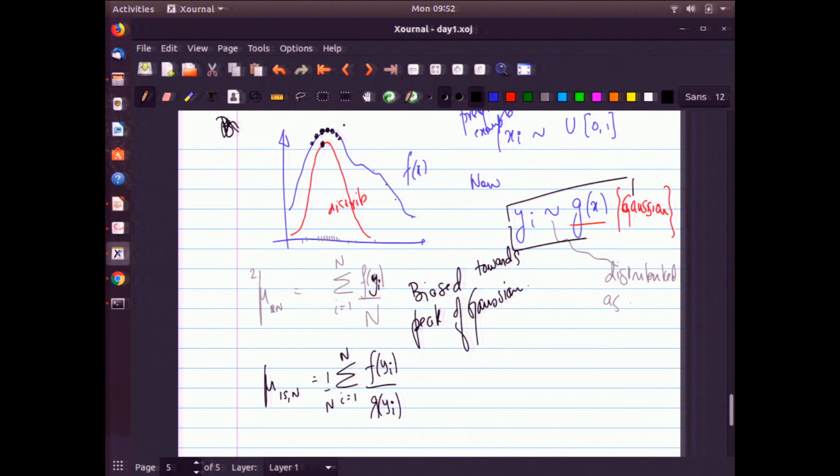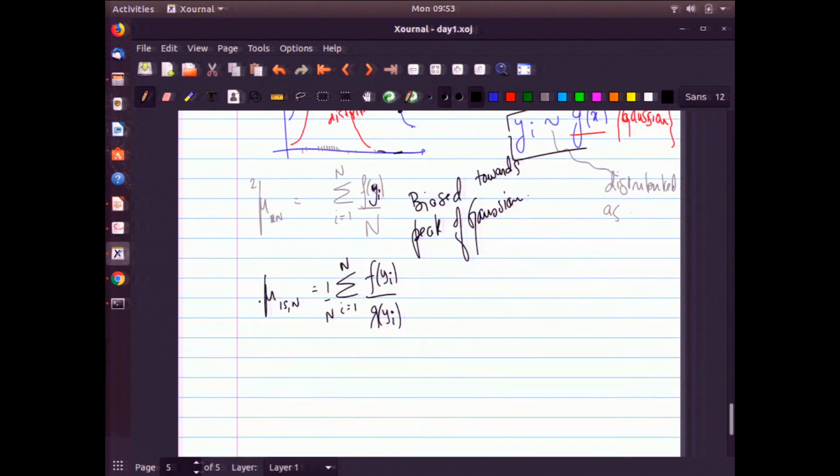So even though I will only very rarely sample here, because g of x is so low there, if I happen to sample it, I will tell my estimator, you should give a lot of importance to this sample. Because you're very rarely going to see this space of the function, you need to give it a lot of importance. Which means I will have maybe one sample there. This guy here will suddenly get weighted by 1 over g of x there, which is extremely small. So the contribution to that summation will be very high.